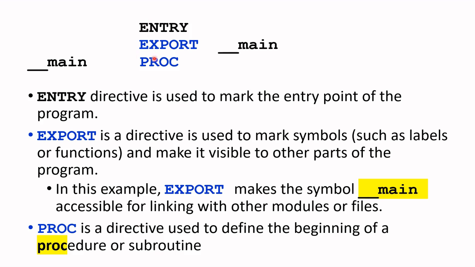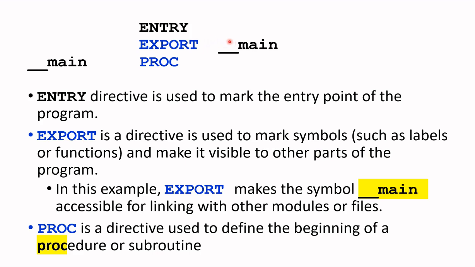Now the next 3 lines of code, this one here, ENTRY, is a directive used to mark the entry point of the program. EXPORT is a directive used to mark symbols such as labels or functions, and it makes them visible to other parts of the program.